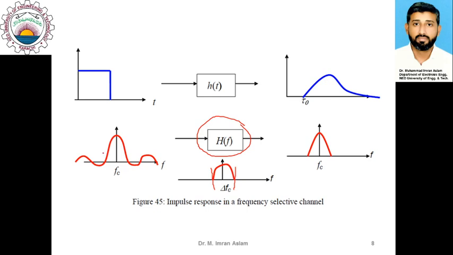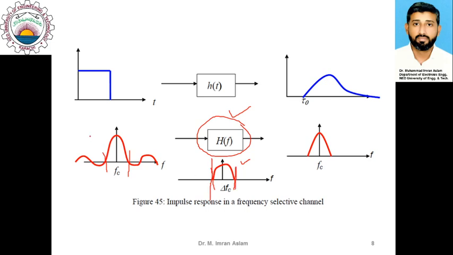If the input signal is applied to the channel, say this is our input signal which has larger bandwidth as compared to the coherence bandwidth of this channel, in that case the output bandwidth would be restricted to the channel bandwidth. The signal bandwidth will be truncated. You can think of the channel as a filter. Say for example the filter pass band is this one.